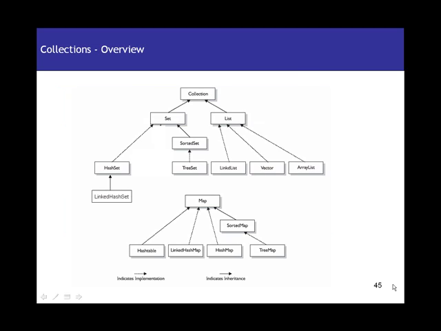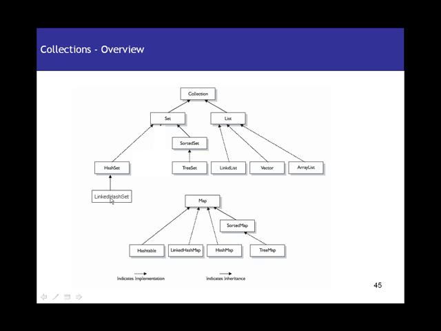Okay, so this is the hierarchy of the collections. So we see here that map doesn't really come under the collection hierarchy, but still it is part of collections overall. Okay, so under the collection interface we have set and list, and we have different implementations for sets and lists.